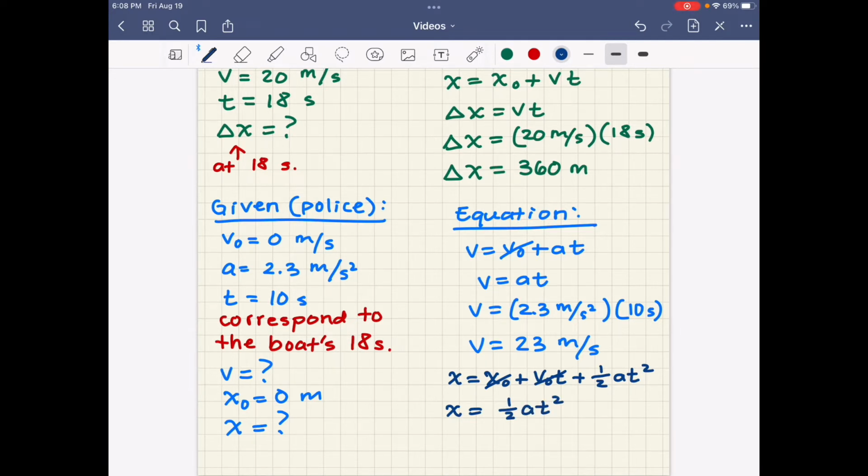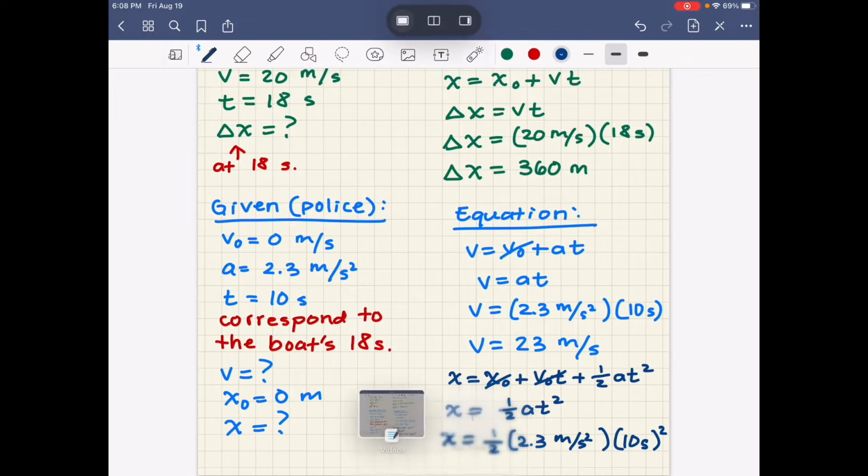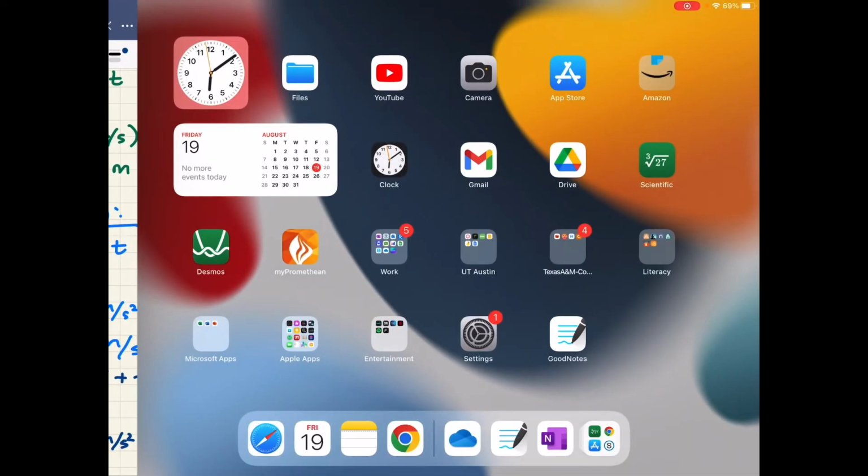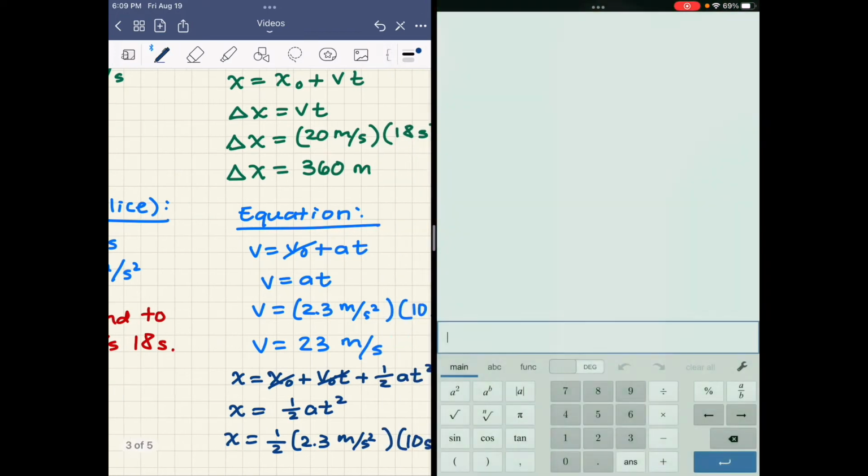Now we just substitute. x is equal to 1/2 a, which is 2.3 meters per second squared, times the time, which is 10 seconds, and then we square it. Let me use decimals to see what that number is.